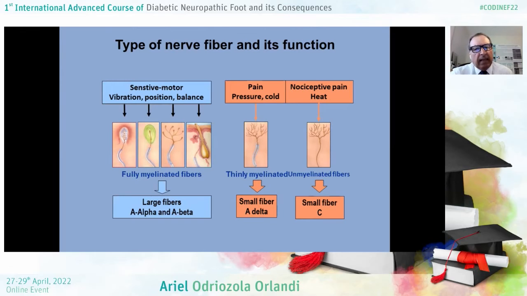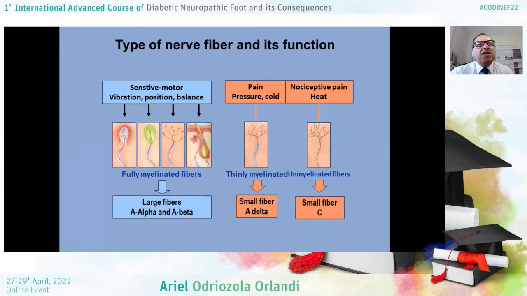In reality, there are no completely unmyelinated fibers. The small C fibers have a very light myelination in these axons, but for the histological pattern, they are considered unmyelinated fibers.